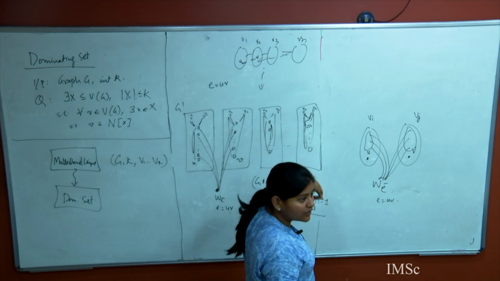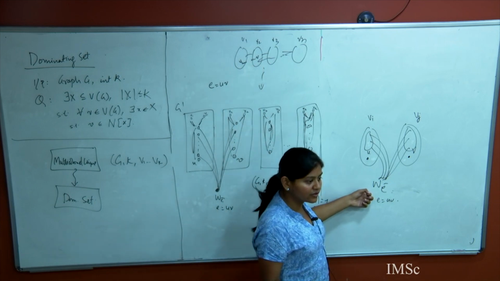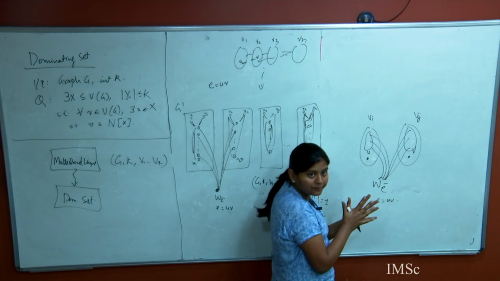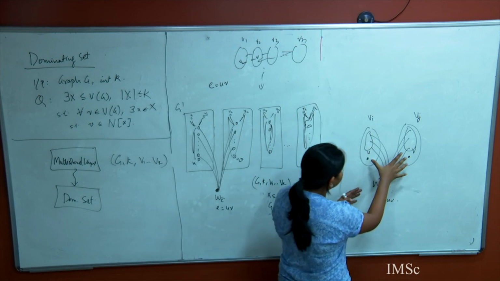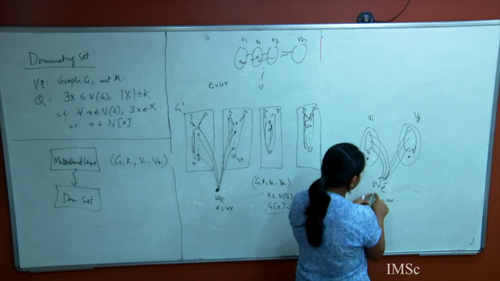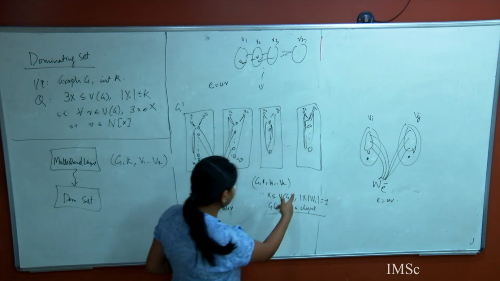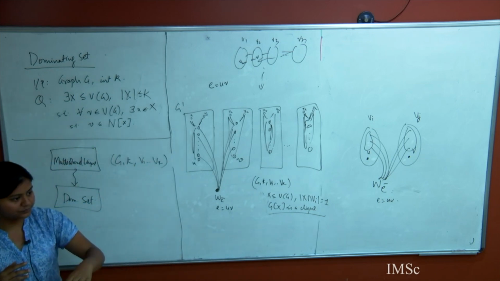We have added vertices corresponding to non-edges only. So this cannot happen. So every such vertex is also dominated.